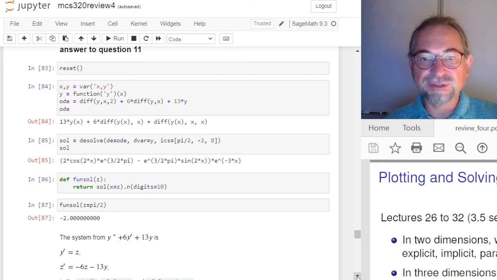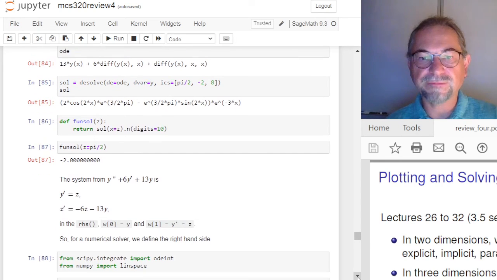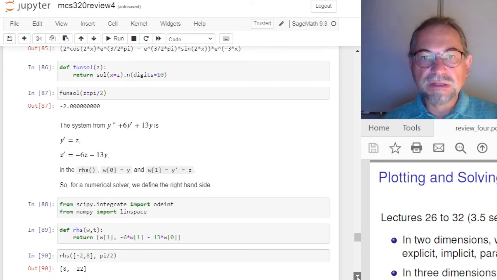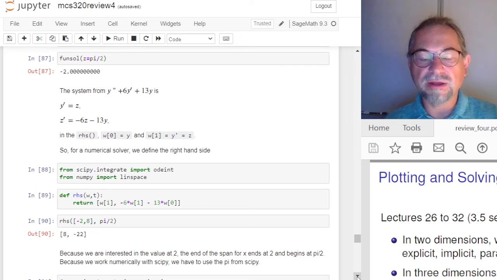That implies that in a numerical solver we have to be careful about the range. So here we rewrite this problem as a system of two first-order differential equations. I'm using odeint, but there are other solvers we can use. I'm not sure if we have used odeint in the lectures.